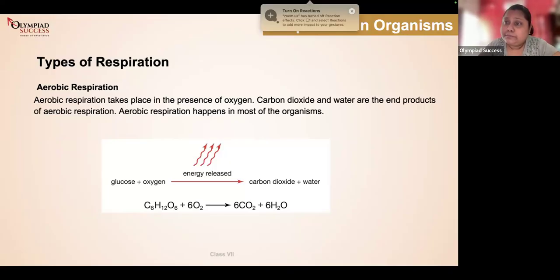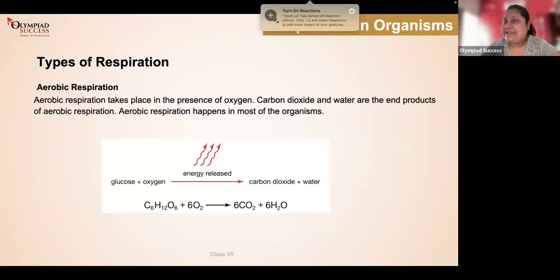Clear? So when glucose is broken down in presence of oxygen, that is known as aerobic respiration, and the maximum amount of energy is obtained when we do aerobic respiration. We get 38 ATPs, actually not 38, 36.